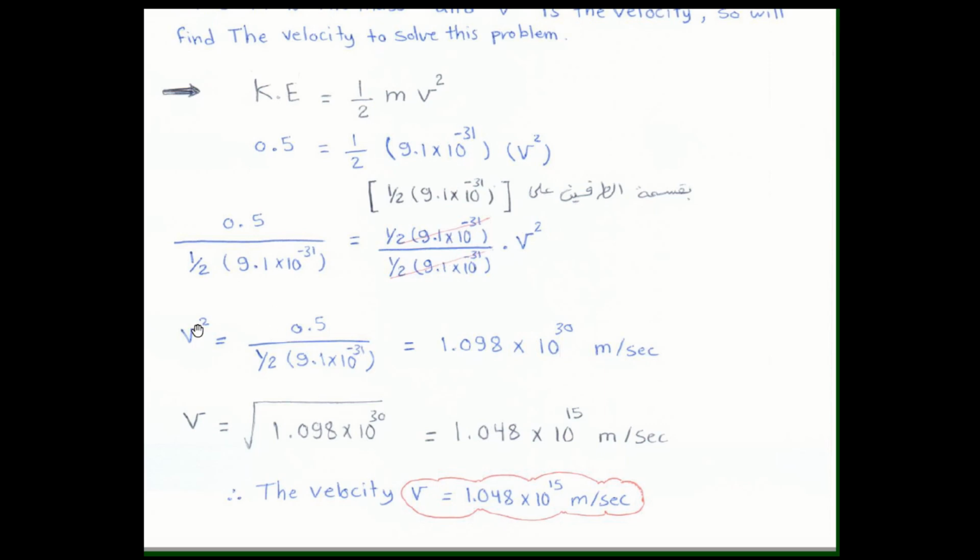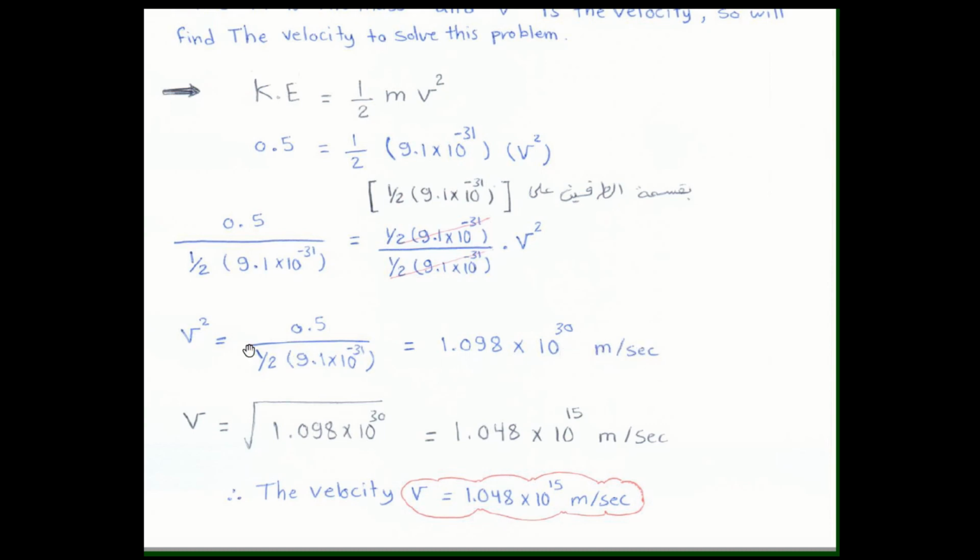So the velocity square, V square, will be equal to the kinetic energy, which is 0.5, divided by 1 over 2 into the mass, which is 9.1 into 10 to the power minus 31. If you use your calculator, you will get this value here as 1.094 into 10 to the power 30.